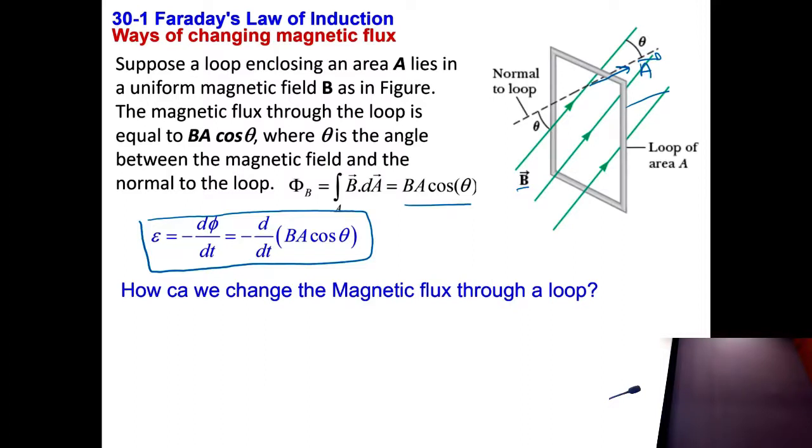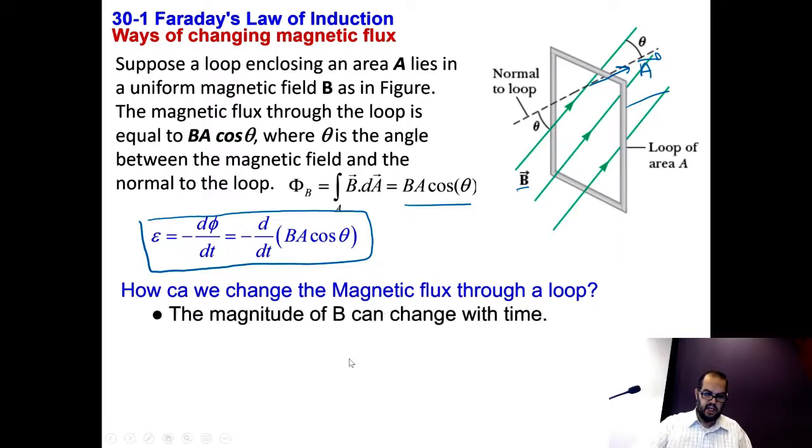So you're mechanically rotating, for example, this loop here, and by rotating this loop, you're changing the angle theta, you're changing the flux, you induce an EMF. Okay, so very interesting.